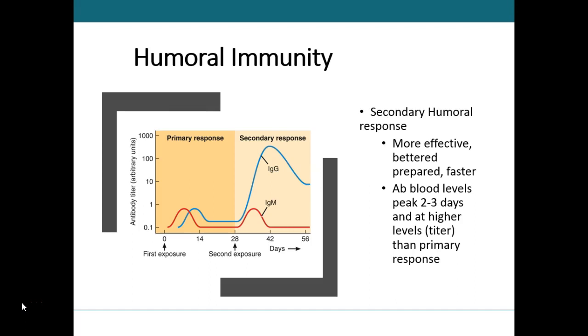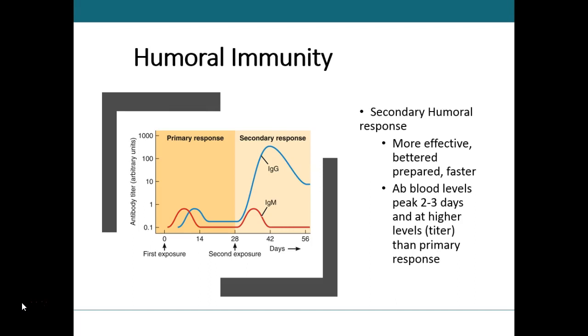Because thousands of memory cells will exist, though, after that first encounter with that antigen, the next time the same antigen appears, those memory cells can proliferate and differentiate into helper T cells, cytotoxic T cells, or plasma cells really quickly, within hours. So one way to measure the immunological memory is to do an antibody titer, which is just how many antibodies are in the body serum, the plasma serum.